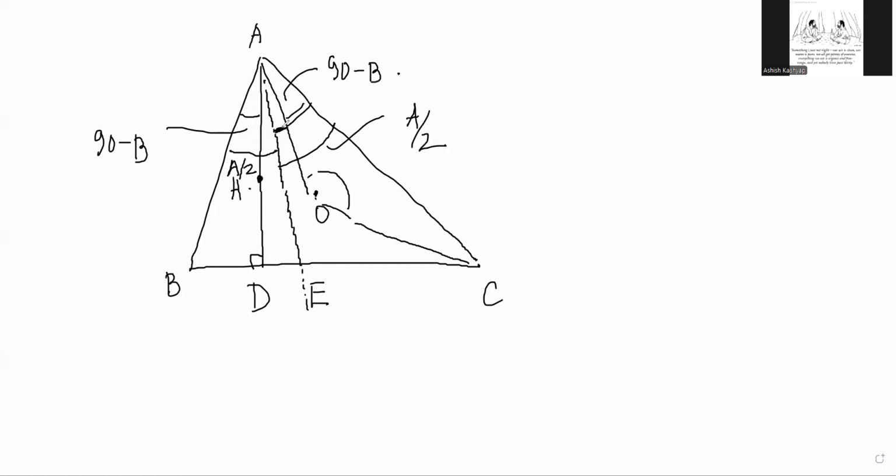So this angle is A by 2 minus this, and this angle is also A by 2 minus this. So it is obvious that it's a reflection. Does everyone understand what I'm saying? So orthocenter and circumcenter are isogonal conjugates of each other.